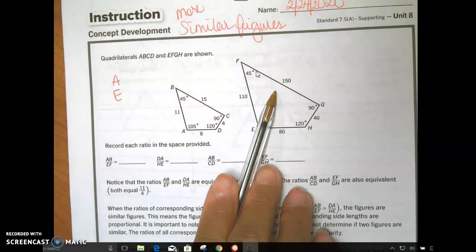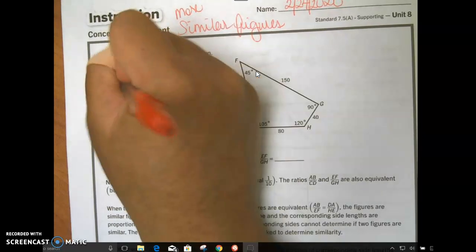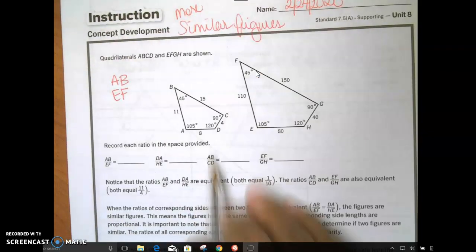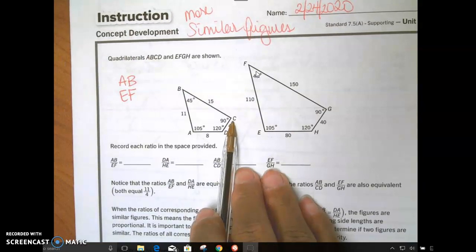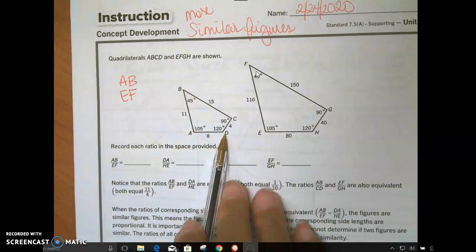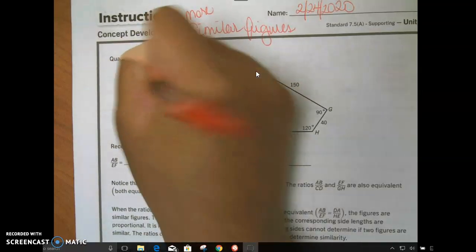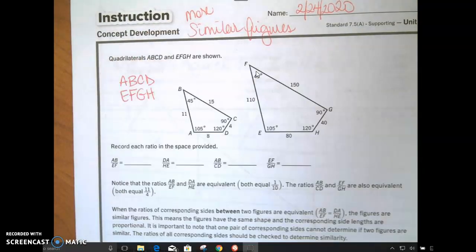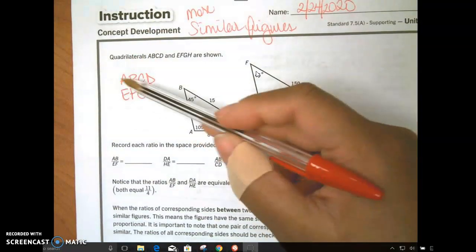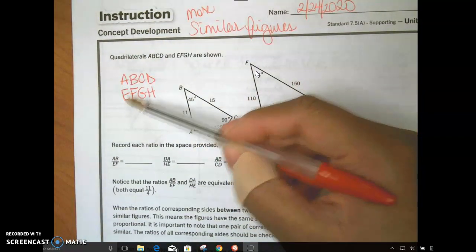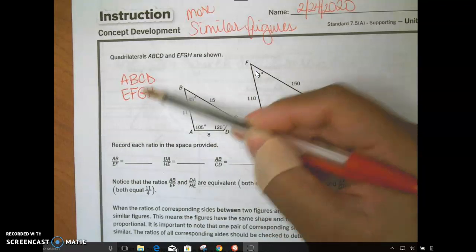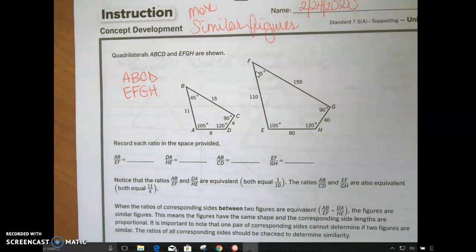So B and F. Who corresponds to C? G. And who corresponds to D? So A, B, C, D, E, F, G, H. Again, A is proportionate to E, B and F, C and G, and D and H. They correspond.